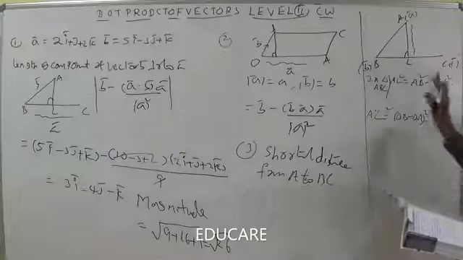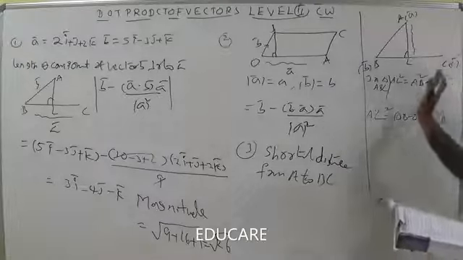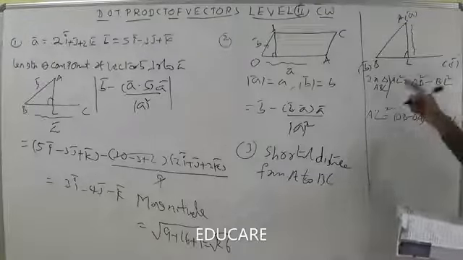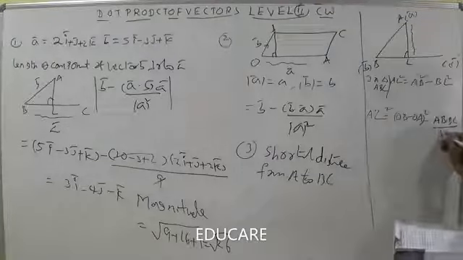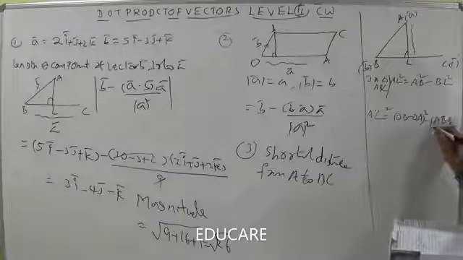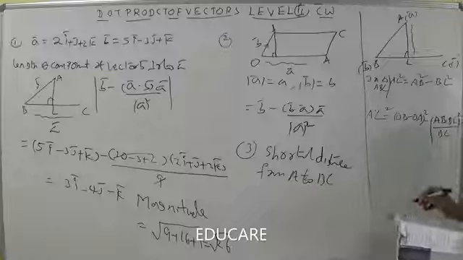Next, this can be done as AB, the projection on BC: AB dot BC by BC. Because it is square, simply you should write square.